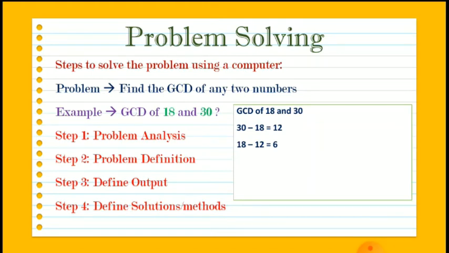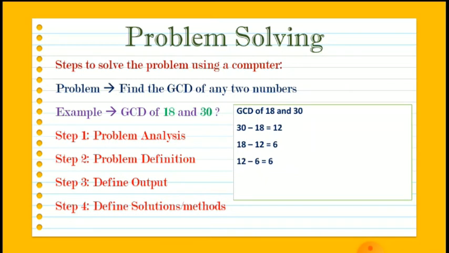Again, in the next step, take the answer, that is 6, and the smallest number from 12 and 18. So your two new numbers are 12 and 6. Subtract 6 from 12. So the answer is 6. You have to do this till the answer is 0.